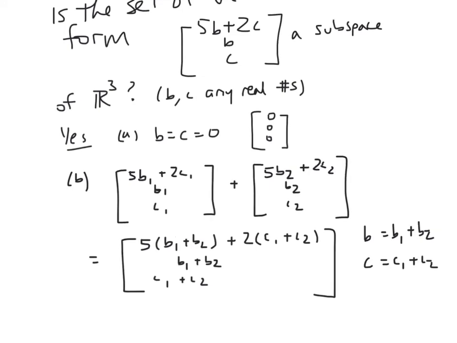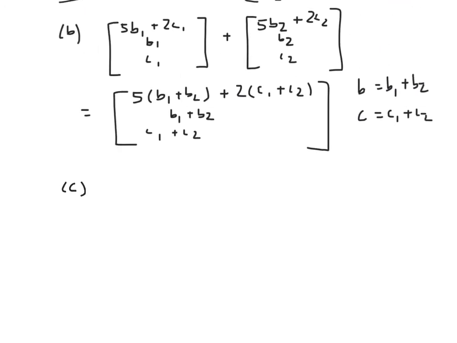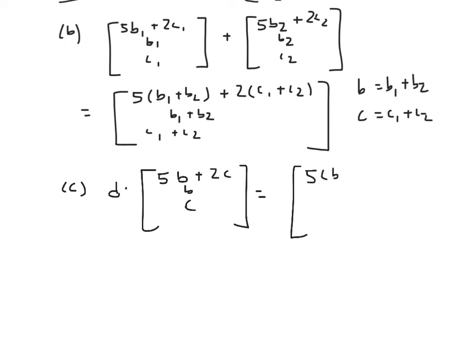Now let's consider scalar multiplication. So let's scale my vector by d, and I can write this as 5bd, bd, and cd. And I see that this can also be obtained by plugging in particular numbers for b and c.